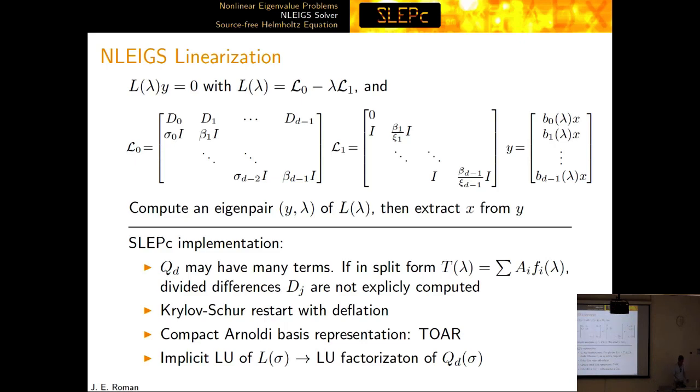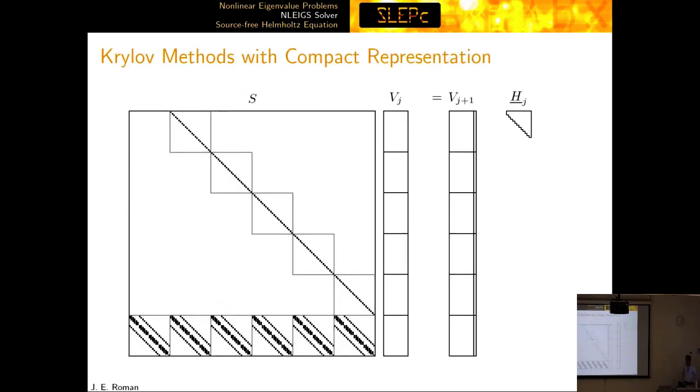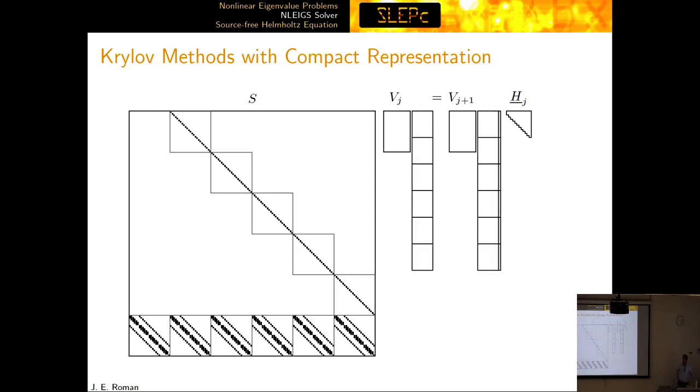To illustrate this, suppose you have a linearization with degree 6, then you have the Krylov basis expressed as 6 times n, very long vectors. But due to the nice structure of the problem, we can express this in a compact representation, which is a tensorized expression of the Krylov basis.